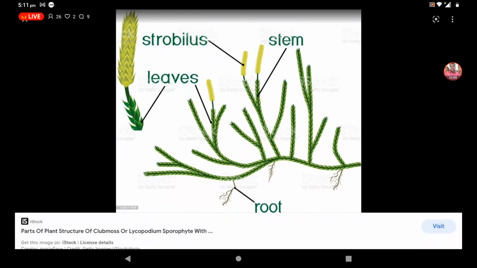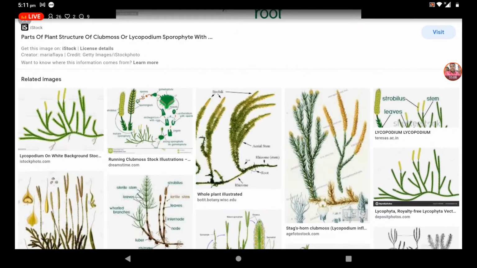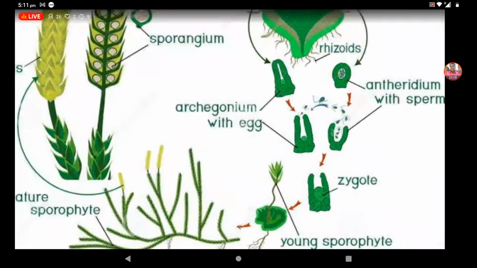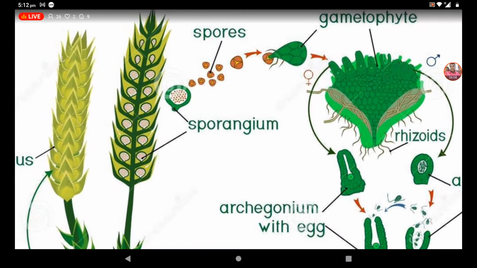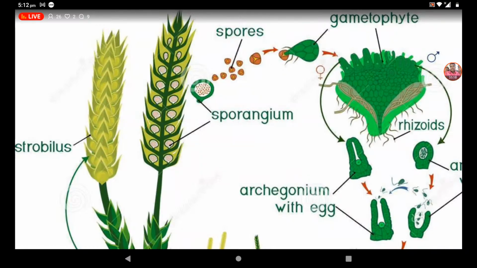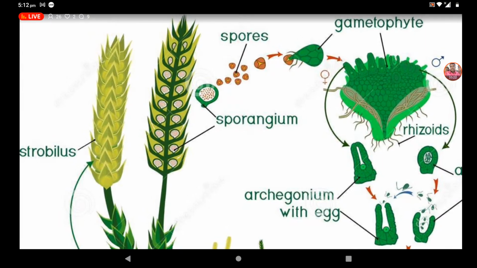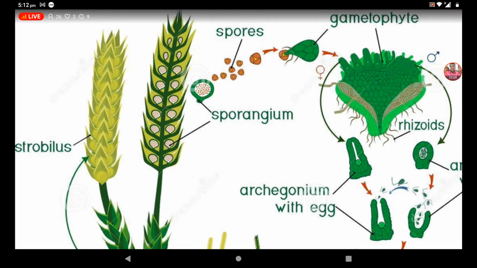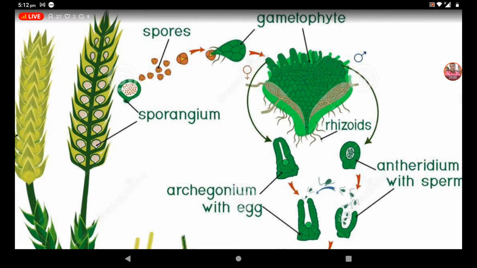Such spores germinate and give rise to the gametophyte. See here, we are finding it exactly: the strobilus. In the strobilus, what do you find? Sporangium is present. They are shown very clearly here in the diagram. So many leaves have become a strobilus. In the strobilus, sporangium is present, and in each sporangium, spores are formed.